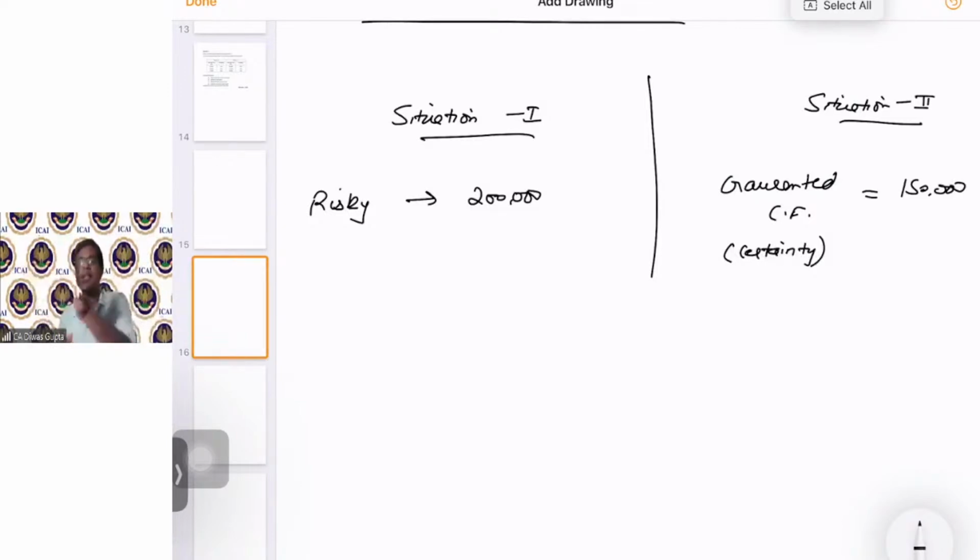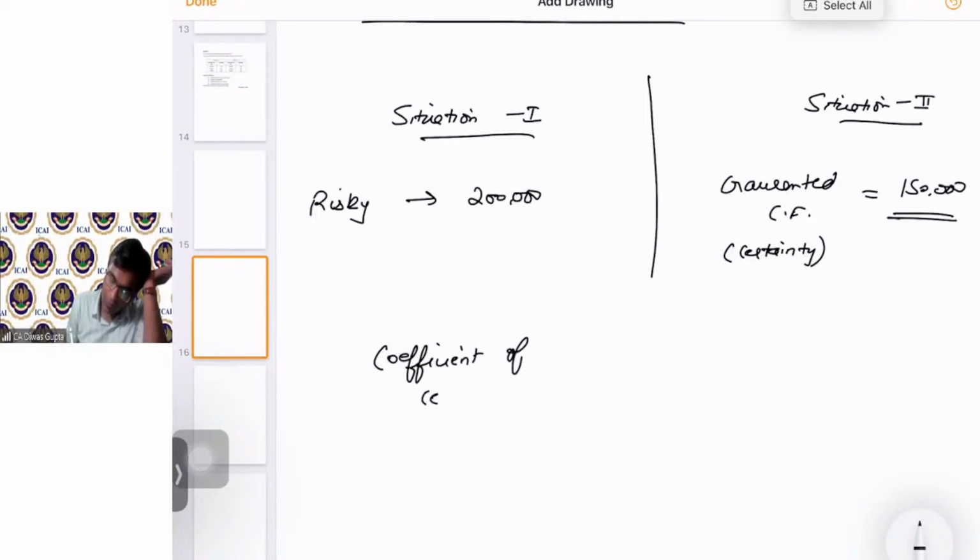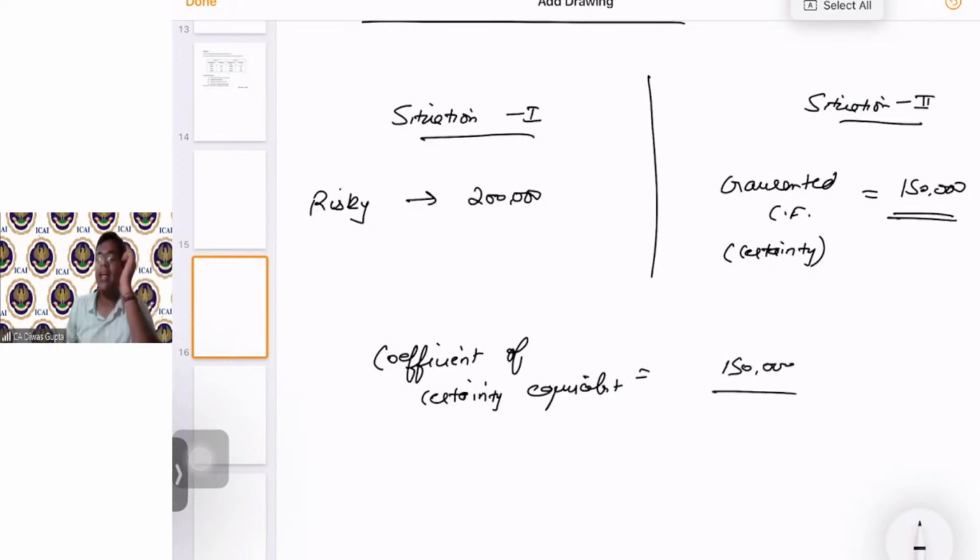Certainty, risk, uncertainty. Certain. This is bound to happen. This is the guaranteed amount. So the guaranteed amount is 1,50,000. So the coefficient of certainty equivalent would be 1,50,000, which is the guaranteed cash flow, divided by the risky cash flow of 2 lakhs, into 100, which is 0.75.